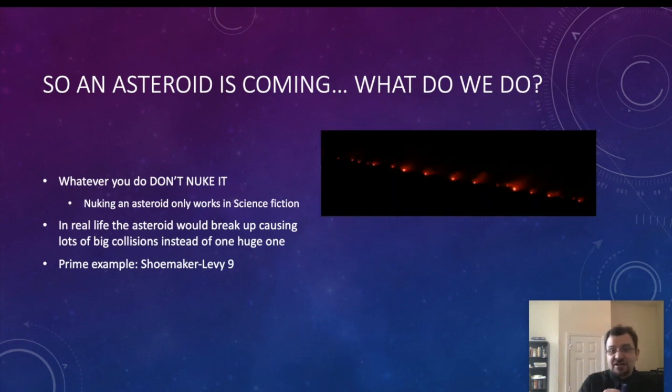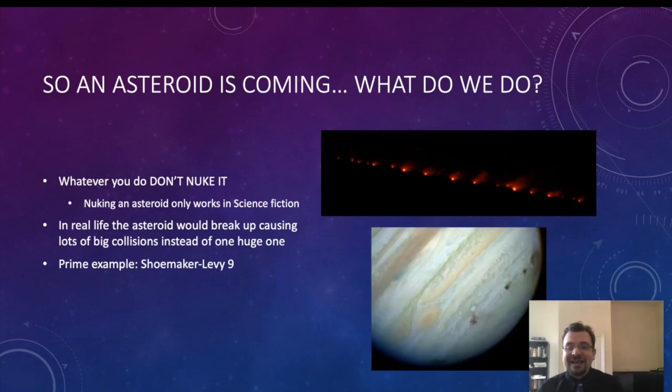And so here's a picture of that comet that got too close, got broken apart, and then hit into Jupiter, leaving these essentially bruises as it went around. So when you consider just how big Jupiter is, these are bruises on the face of Jupiter, many times the size of Earth. So breaking apart an asteroid just makes it a lot more deadly.